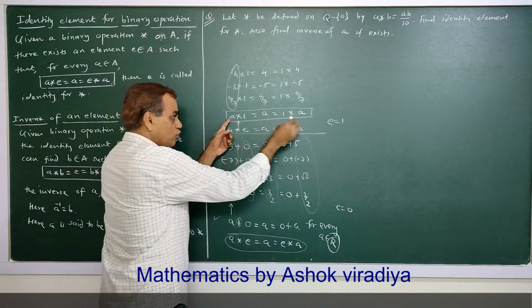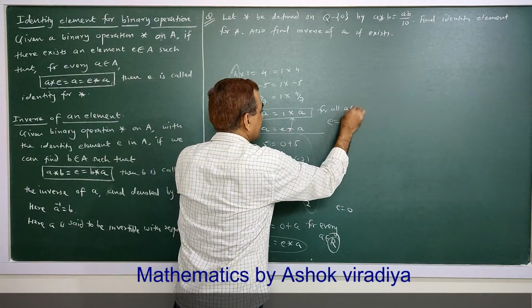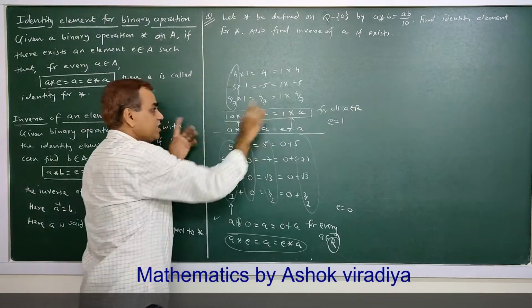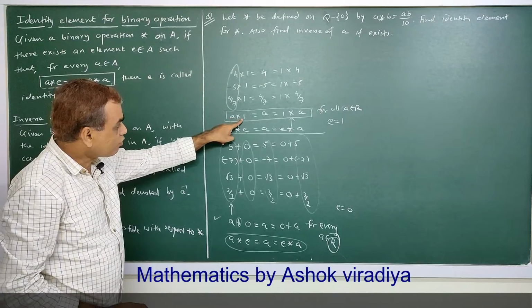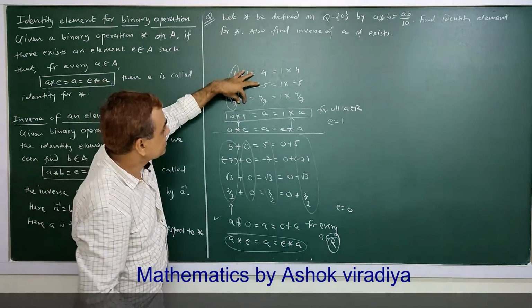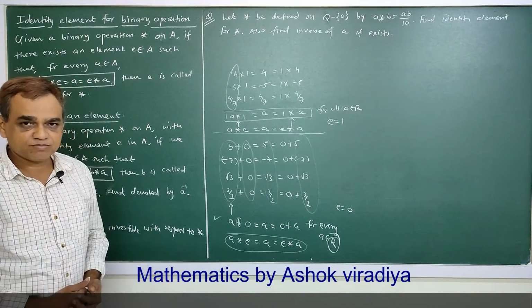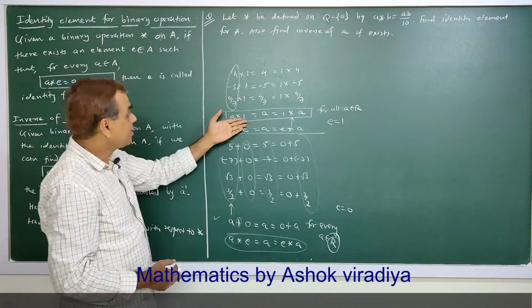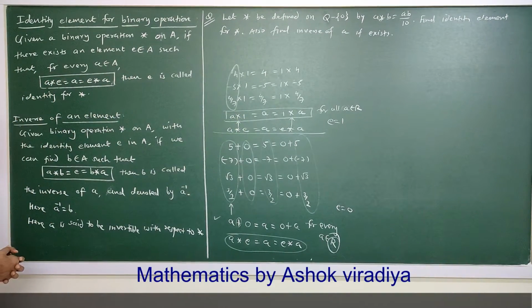This is true for all A belonging to R. We are changing A, not 1. So 1 is fixed. A is variable. So here in this example also, this definition is matched. So this is the meaning of identity element.